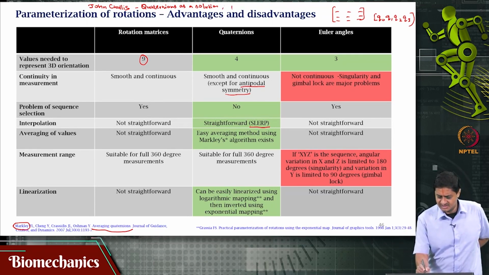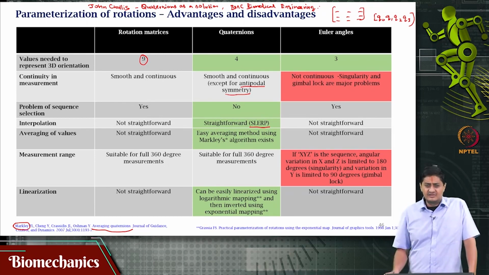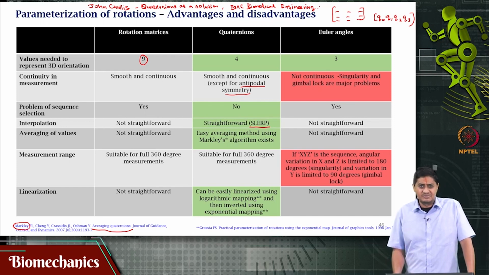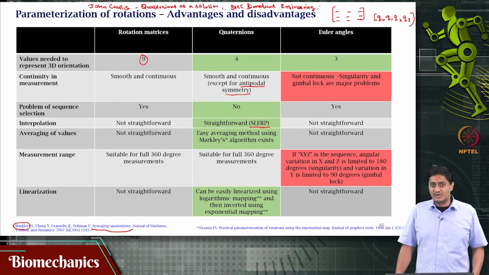The journal is BMC Biomedical Engineering. We will provide the link to this paper. It's an open access paper, so we will provide the link in our forums. But you can Google this.